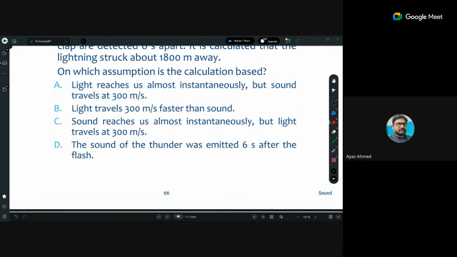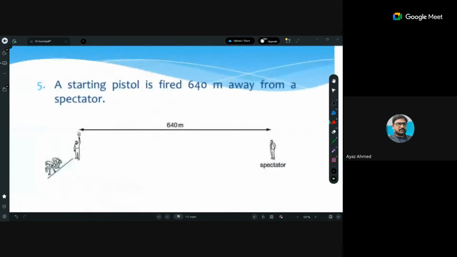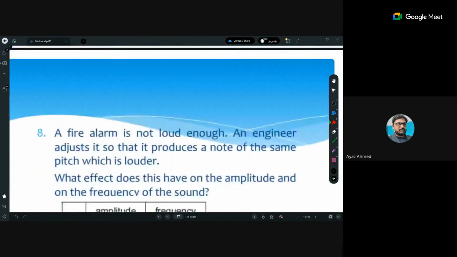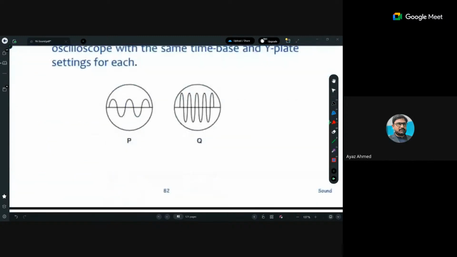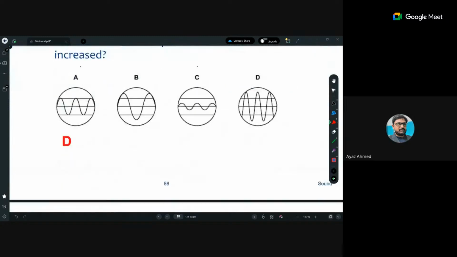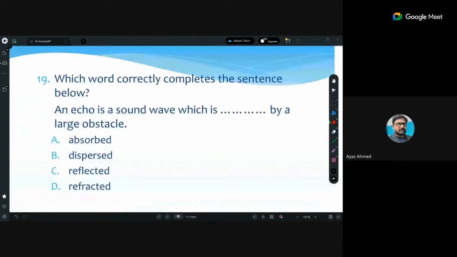And all the questions are there, right? So I request you all to please go through all these questions till my next class so that we can manage the practice of the theory as well. All MCQs are given.